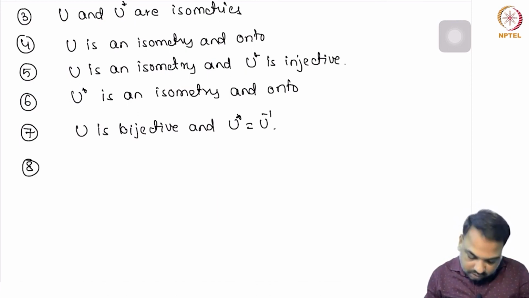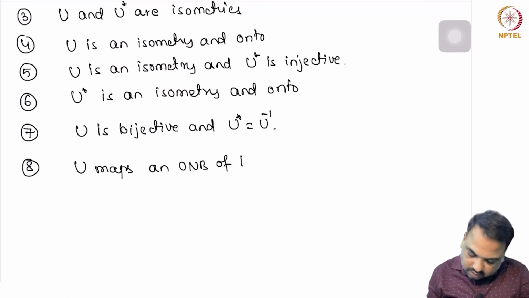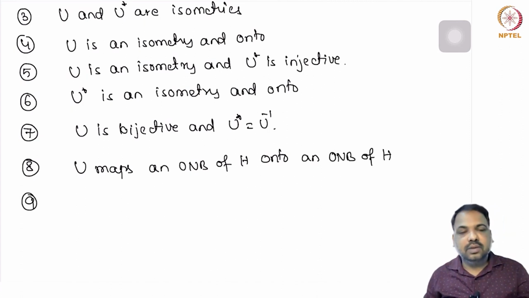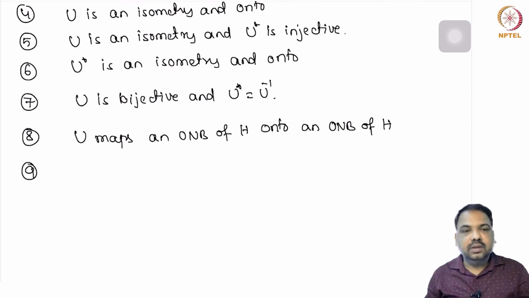The eighth condition is U maps an orthonormal basis of H onto an orthonormal basis of H. This we can get from the characterization of isometries, because unitary is nothing but isometry plus onto, and an isometry maps an orthonormal basis into an orthonormal basis of the range of T, because it is onto here.